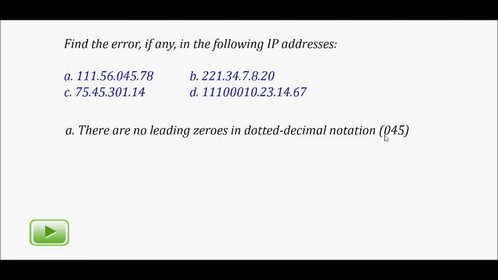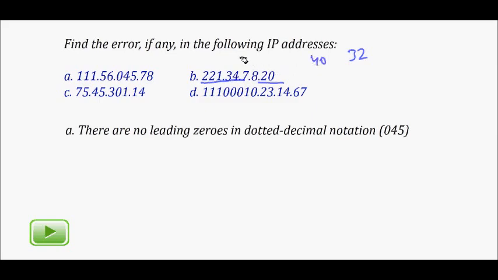Let's check out the answer. There are no leading zeros, so in 045, there should be no leading 0. So we are correct, bingo. Next we see 221.34.7.8.20. We have a 32-bit IPv4 address.